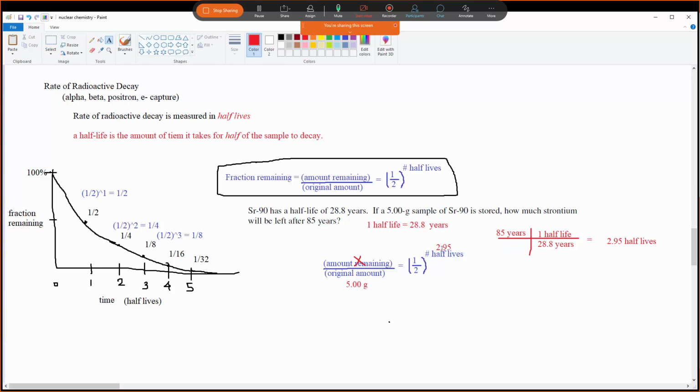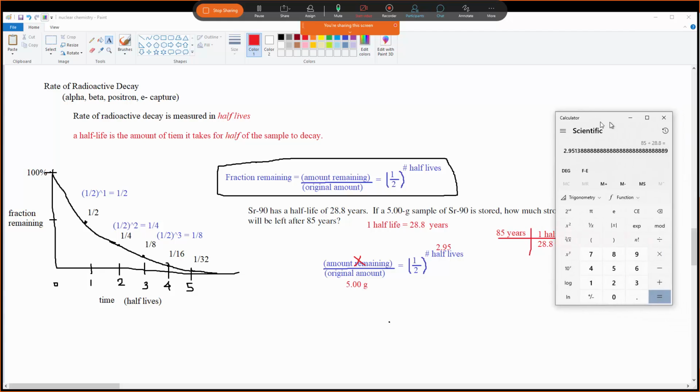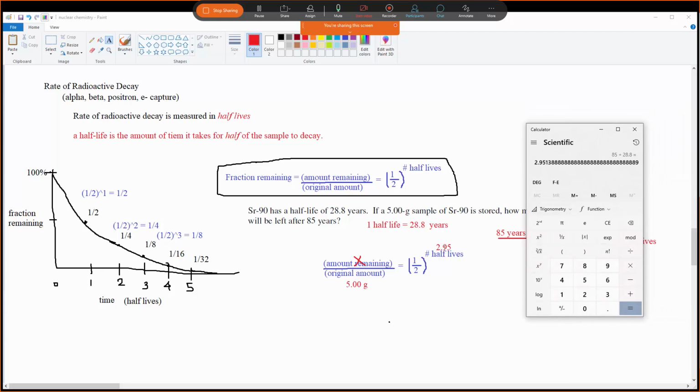So 1/2 raised to the 2.95 equals X divided by 5. So now we can just solve for X, and this is tricky actually, 1/2 raised to the 2.95. I can't use 10 to the X like we've been doing because it's not 10, right? It's 1/2. I'm going to use this X to the Y button, and your calculator might do it different than mine. You might have a caret, and you could do 1/2 caret 2.95. That would be really convenient. It doesn't work here.